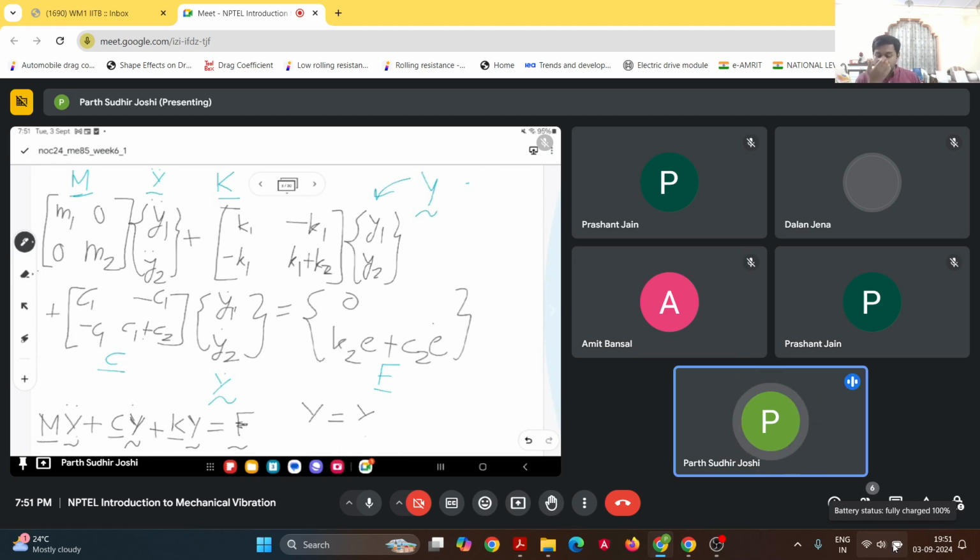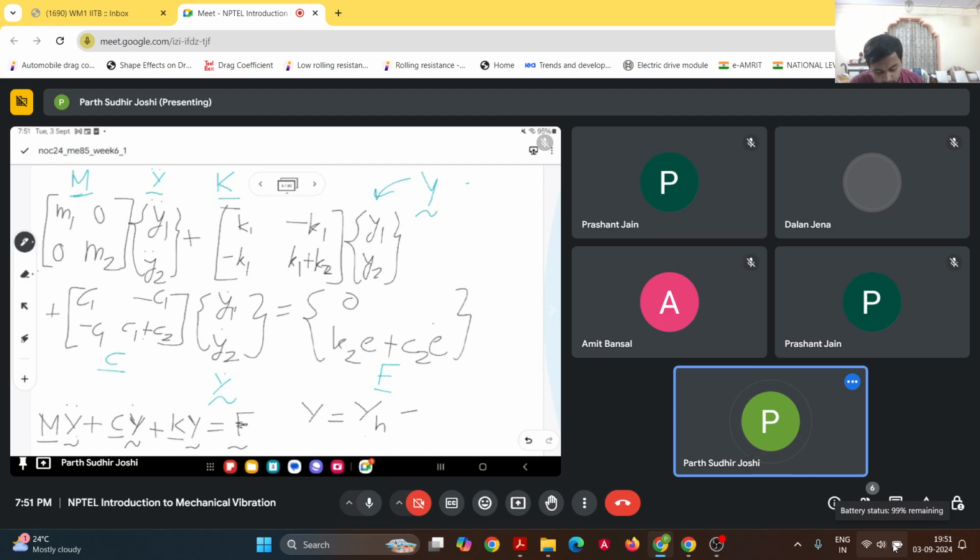You're right, but before that, the solution has broadly two parts, right? It is the solution to the homogeneous differential equation where this f vector is not present, basically the solution for the free vibration problem. Let us call it yh, the solution to the homogeneous differential equation or complementary function.